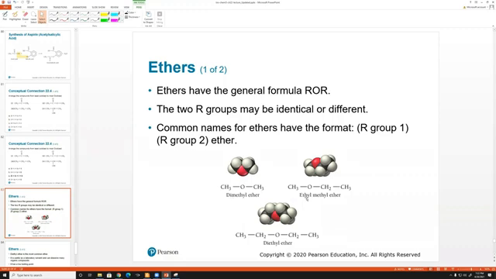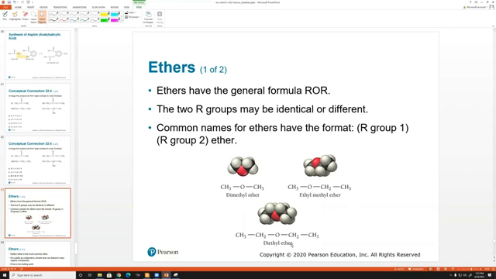So here's an example of that. On one side you have an ethyl, on the other side a methyl, so it would be ethyl methyl ether. That sounds funny, but it would be ethyl methyl ether. Then you have another one where you have two ethyls, one on each side: diethyl ether. Even more difficult to say. So that's how you name your ethers.